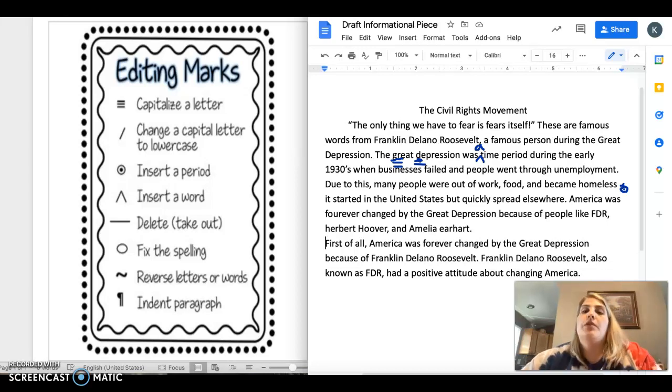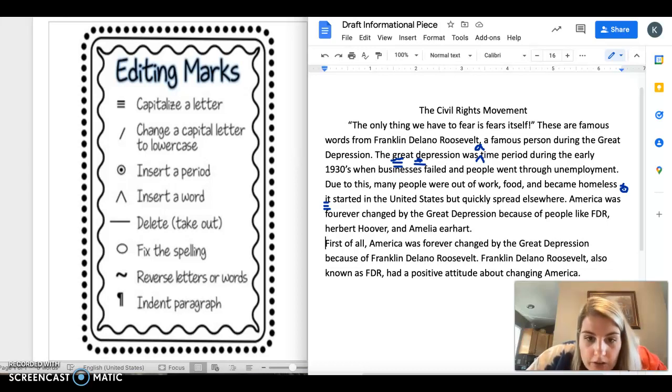So then, of course, when you start a new sentence, you always need to capitalize. So it says capitalize a letter. You need to capitalize that letter I to make it uppercase to start a new sentence. So it started in the United States, but quickly spread elsewhere. America was forever. That doesn't look right. Let's see how we need to fix the spelling.